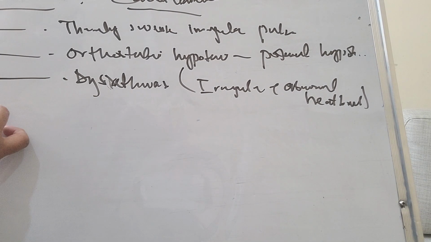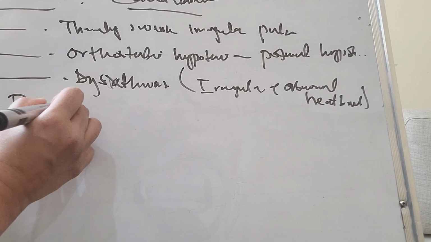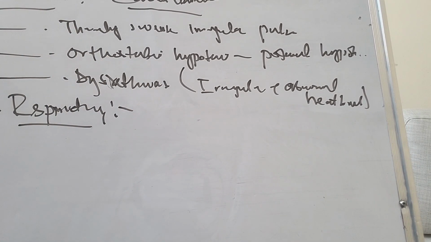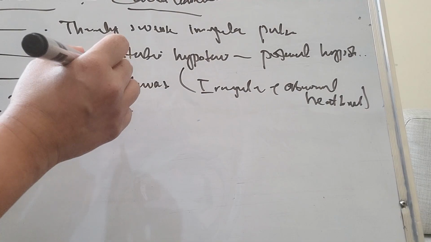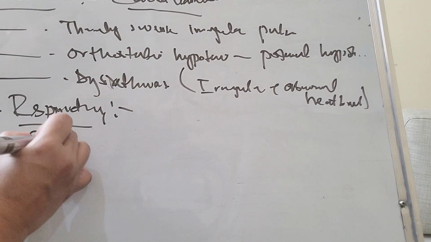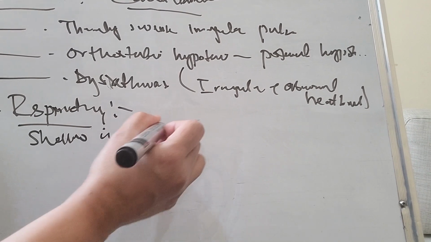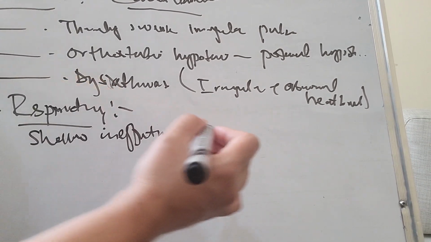The next system is respiratory. How is our respiratory system affected by hypokalemia? Shallow, ineffective respirations.